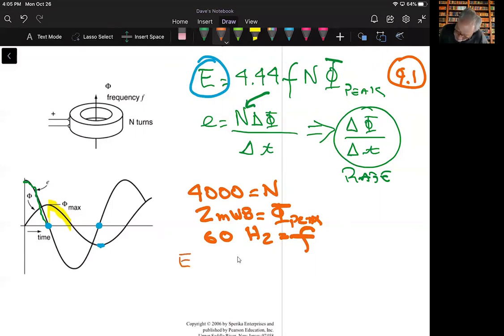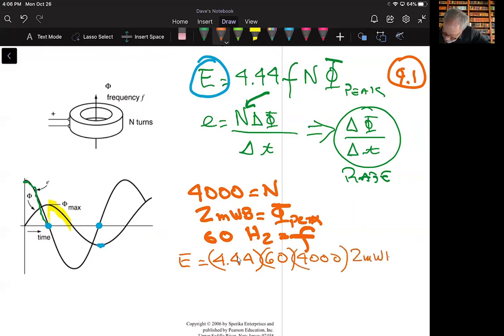To calculate the induced voltage, it's 4.44, which is that constant, 2 pi divided by square root of 2, times the frequency of 60 hertz, the number of turns, 4,000, and the peak flux, 2 milliwebers. We plug all this into our calculators, and we come out with 2,131 volts. We know this equation gives the effective or RMS value, so there's nothing else to do with that.